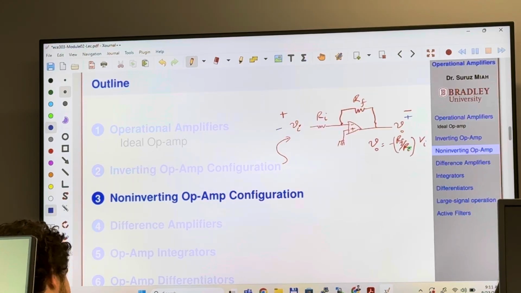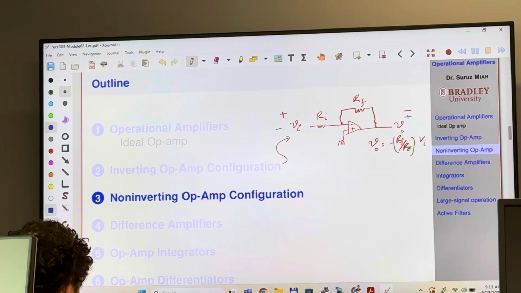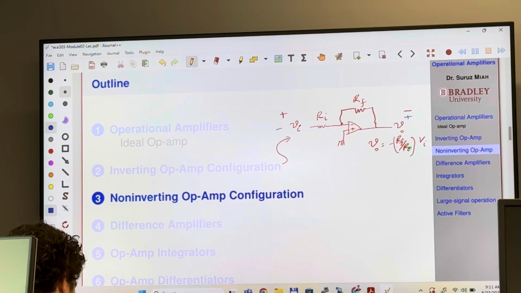If the input is positive, some voltage, the output is going to be negative with some scale factor. If the input is negative, the output is going to be positive. You understand, guys? So the output is going to be the input multiplied by a certain constant with opposite sign. That's it.